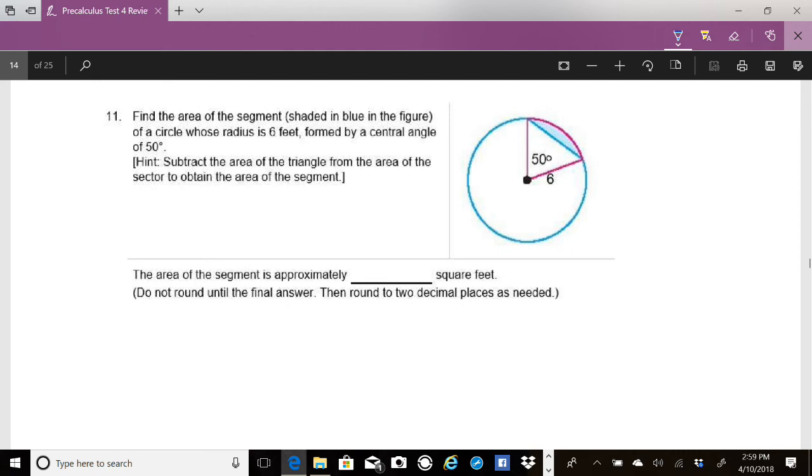Now here we want to find the area of the segment that's shaded in blue of a circle whose radius is 6 feet, formed by a central angle of 50 degrees.